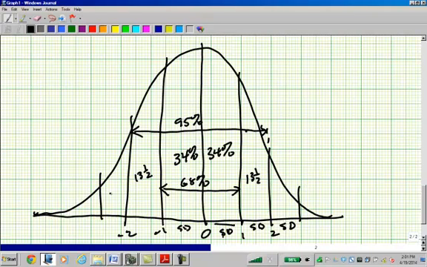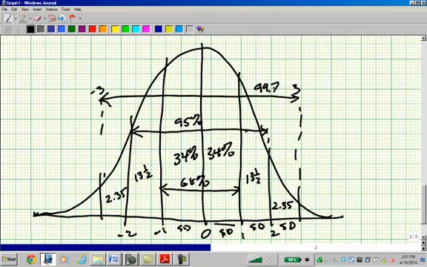And then there's 2.35% here and 2.35% here, from -3 to +3 standard deviations. 99.7% of the population is found from the point of view of whatever the parameter of interest is, whatever you're measuring, either height or weight, or the proportion of the population that's in favor of a certain thing or whatever.